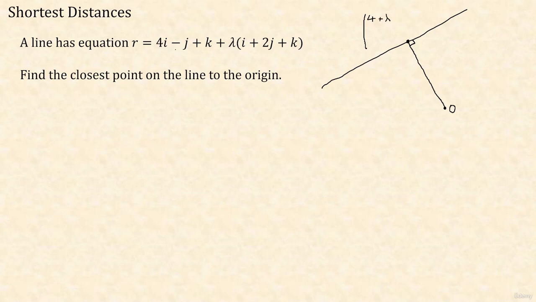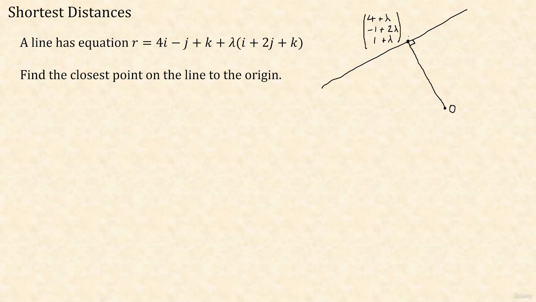Then its y value will be minus 1 from this part and 2 lambda from this bit. So minus 1 plus 2 lambda. And its z coordinate will be 1 from the k here and then 1 lambda from the lambda k here. So that's 1 plus lambda. So that is the coordinate of this point.